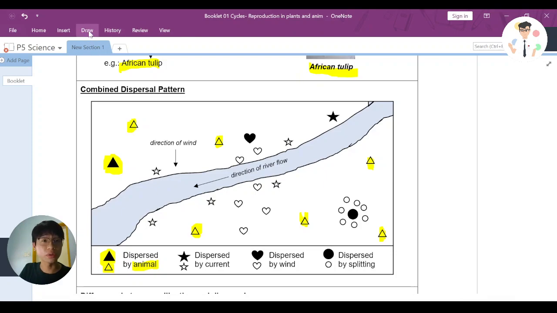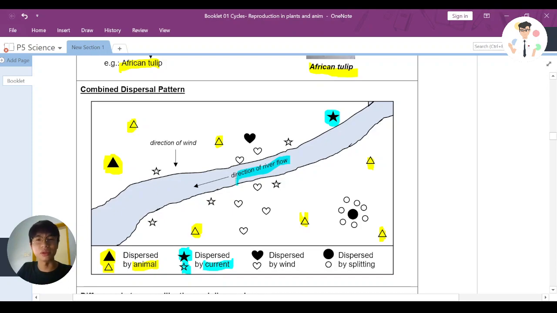The next one is water dispersal. It disperses by the current. So I'm using stars as my example of the parent plant, as you can see here. By current, the offspring or the young plant will follow the direction of the river flow or the water current. It depends on the context of the question.